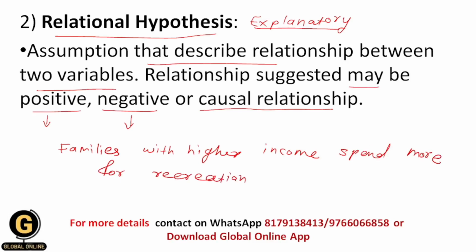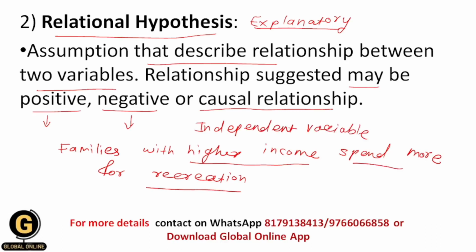This is the example of causal relationship, because here higher income is the independent variable, and spending more for recreation is the dependent variable, because whenever you change the independent variable, there is an effect on the dependent variable, right? Whenever you have higher income, you will spend more. Whenever you have lower income, you will spend less. So this is the causal relationship, and this is one example of relational hypothesis.